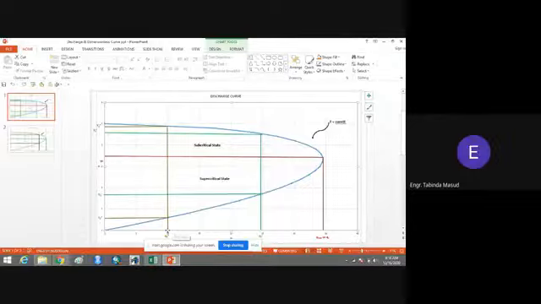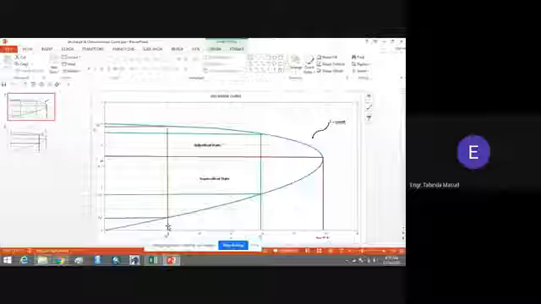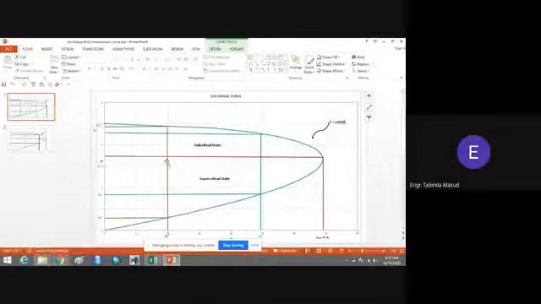Similarly, there is another example. For example, the unit discharge is 10 cubic feet per second per foot. So you can see that when I extend a line from this discharge curve, it touches the lower limb and then it touches the upper limb. From the upper limb, you will get the depth of the flow y1 double dash, and from the lower limb, you will get the other depth of the flow.